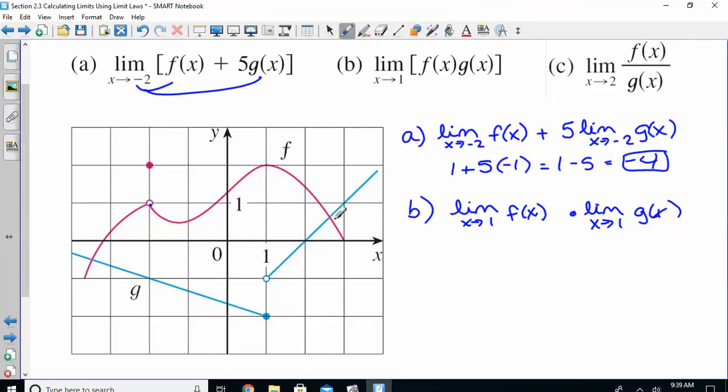When my x approaches 1, we're coming in on this graph and we're getting a y value of 2. Times, as we approach 1, g of x. That doesn't work, does it? You could do a left or a right hand limit, but can I do a two-sided limit at 1? So if one piece of this does not exist, what do you think the answer is for the whole problem? Does not exist. Because I can't do the limit at g.